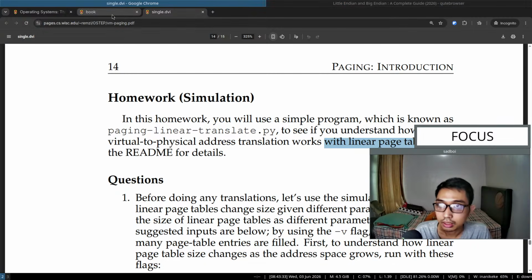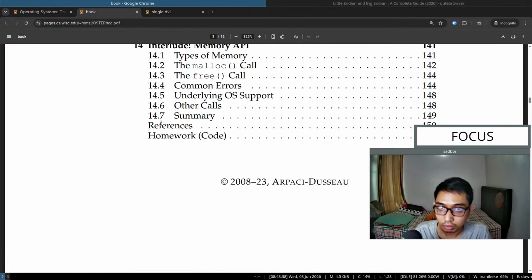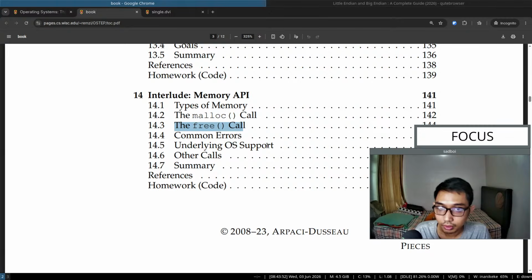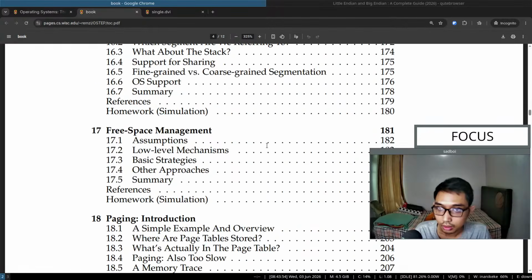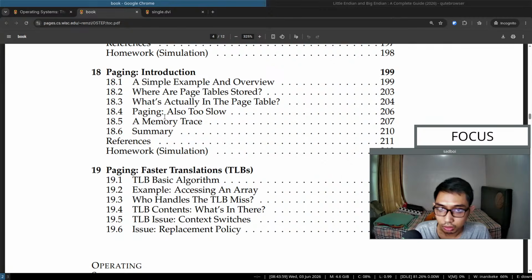I mean, there is also a homework that requires code, right? But we are only using the memory API, not really using the bitwise operation, I guess.